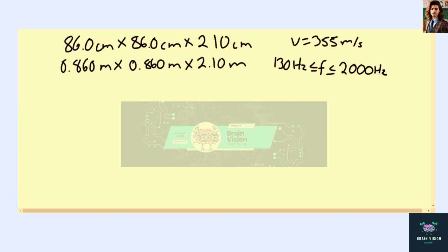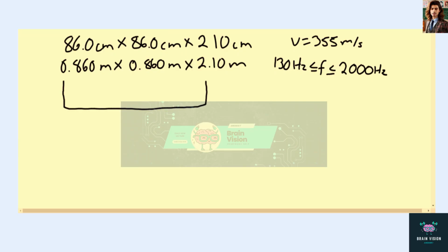So we need to analyze the shower stall with each dimension separately. Two of the dimensions are the same, both 86 centimeters, so we only need to do that once. We analyze the shower stall once for the 86 centimeter direction, and once for the 210 centimeter direction. So we're basically dealing with two separate pipes.